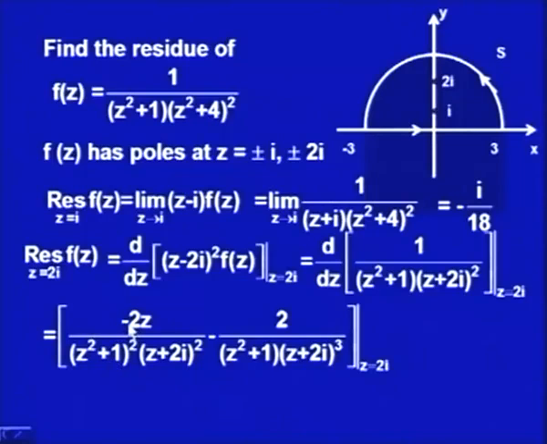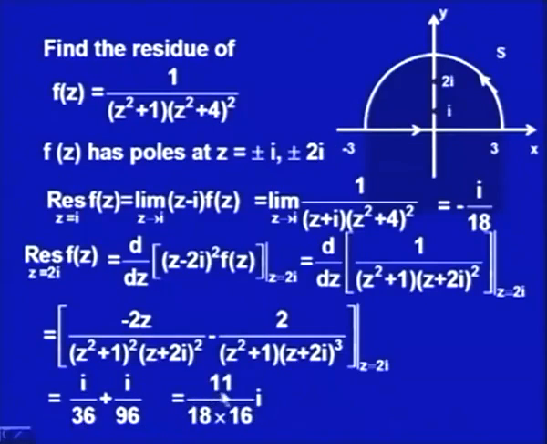So, here what we are getting is minus 4I upon 9 into 4I whole square, and here what we would be getting is again z square plus 1, that is minus 3, and z plus 2I whole cube, that is 4I cube. So, now simplify it. The first one we would get I upon 36, while the other one we would get I upon 96. Adding it up, we do get 11 upon 18 into 16I.